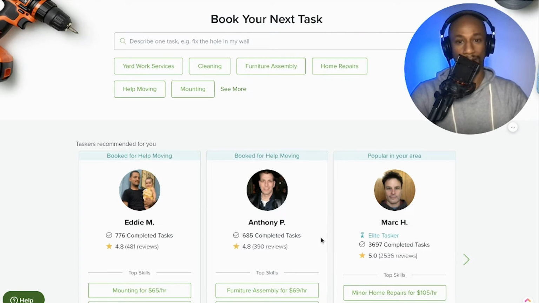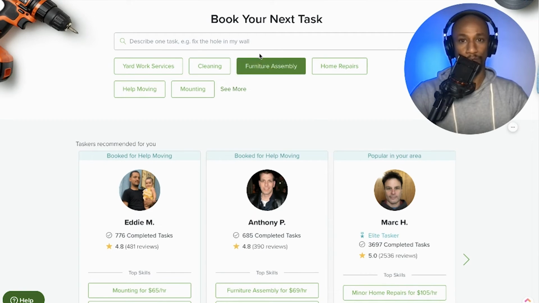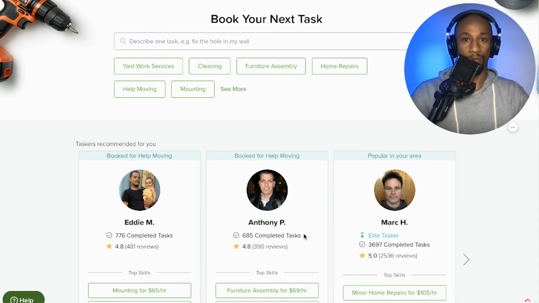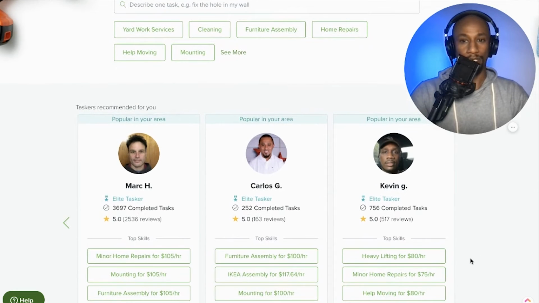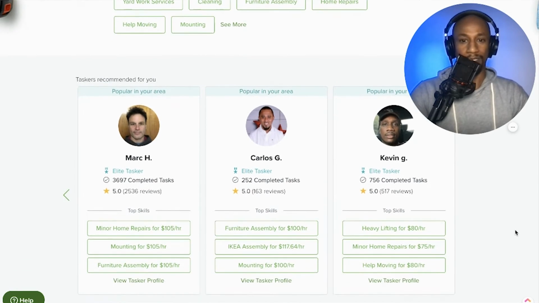When you do that market research, all you're going to do is search for your city, wherever you provide your service, and whatever service it is that you're trying to decide what your hourly rate should be. You'll just click on those things, and you're just going to look and see where other people's hourly rates are at.